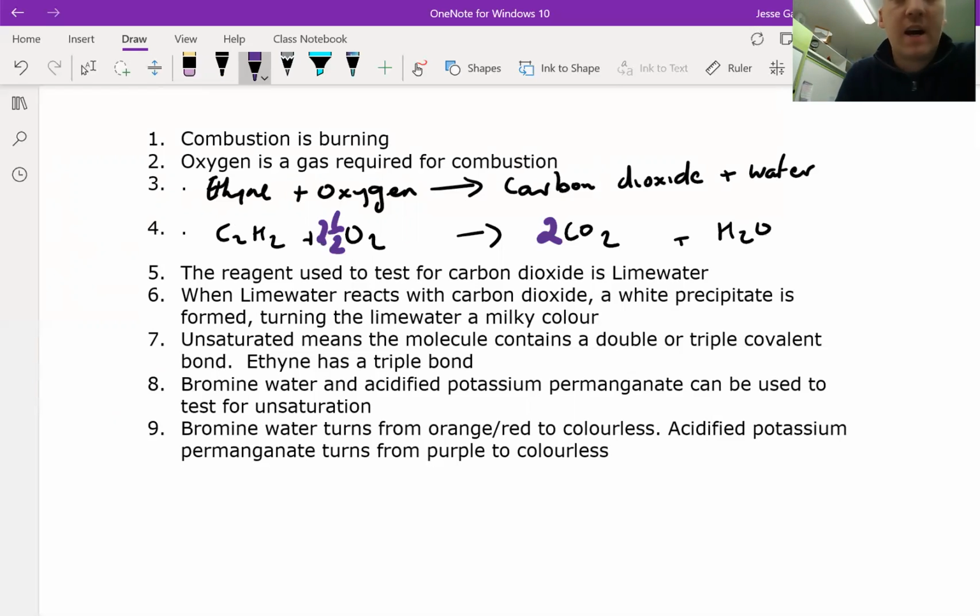Now, I don't like 2.5s like that. So if I double everything, it'll get rid of the half. So I have to double everything to get rid of the half here. So this is now going to be like this. It's going to be 2. This was 2.5, so this is now 5. This was 2, so it's now 4 because I'm doubling everything, remember? And then this would be a 2. So well done if you managed to do that.